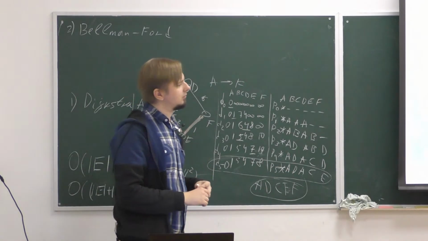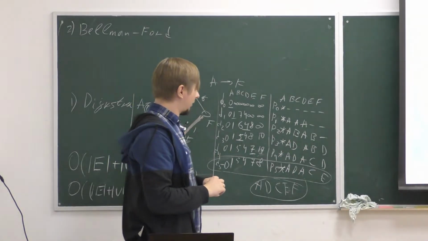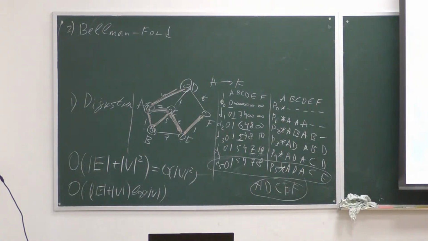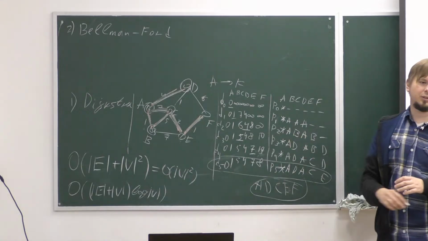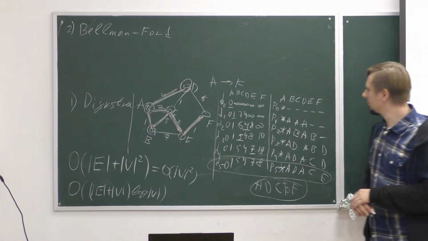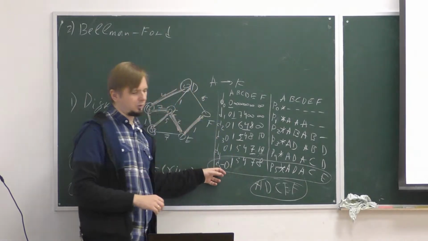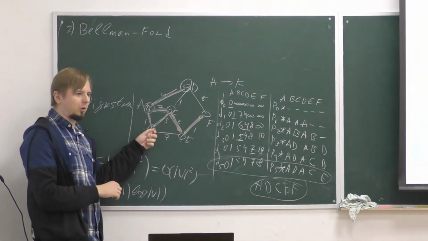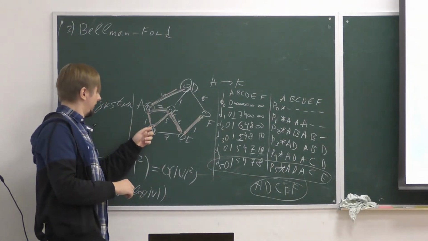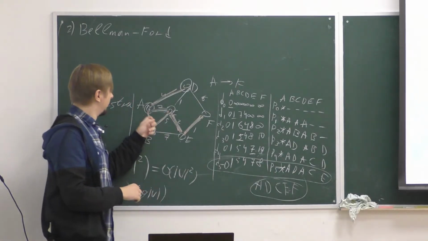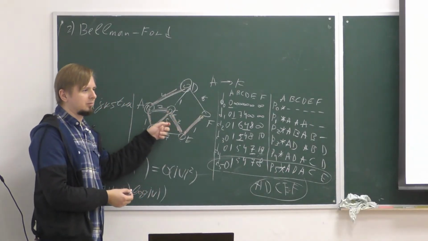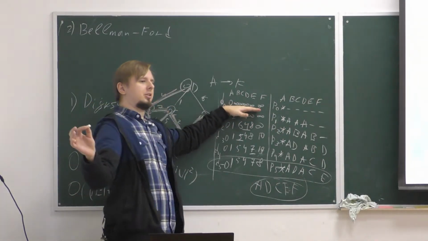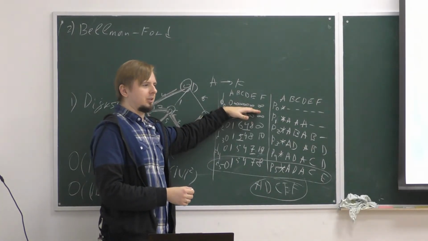It's the same as Dijkstra's algorithm, but here you visited, so you started from a vertex and tried to add edges from this vertex to not visited ones. In Bellman-Ford you should do this procedure for all the edges at any step.